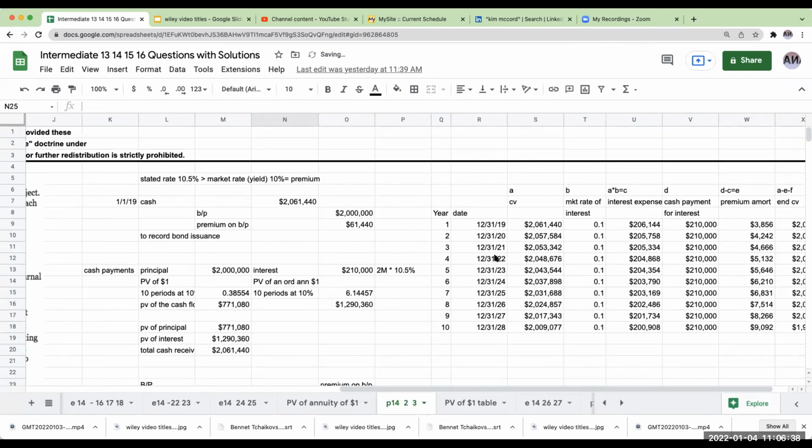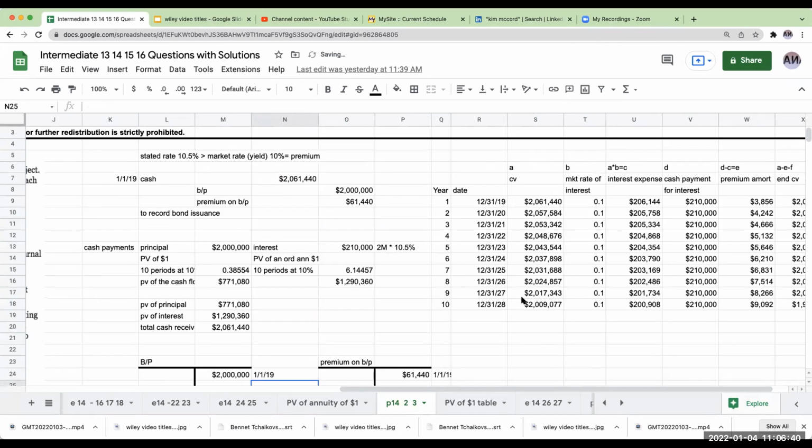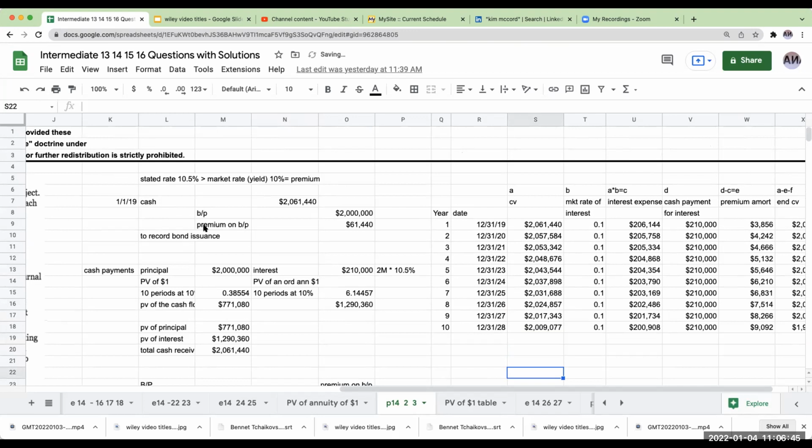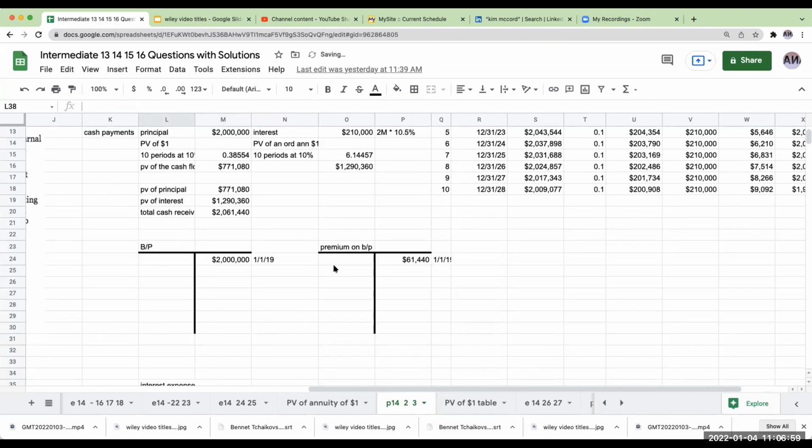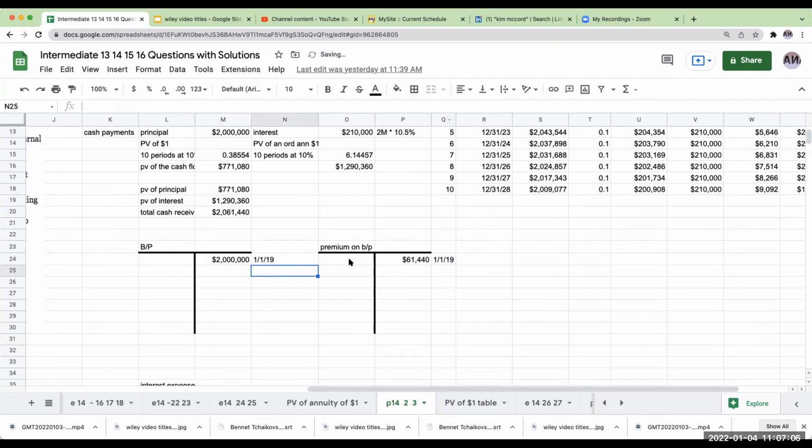Now, remember, when I'm doing an interest payment on a premium on a bond payable, my goal is to make this premium go to zero. So my interest payment would basically be a debit to interest expense, a debit to premium on bond payable, and a credit to cash. So for my premium on bond payable, how much did I amortize this by? Let's take a look.